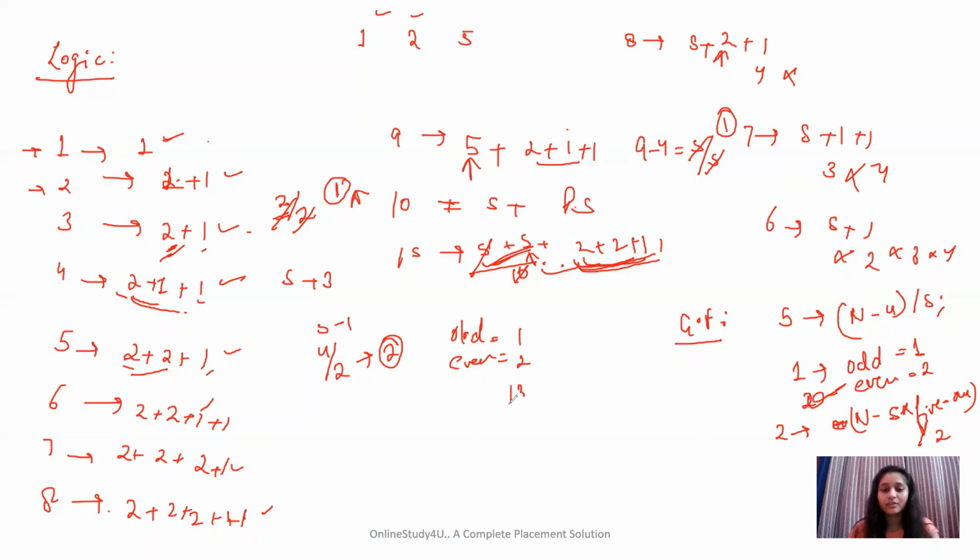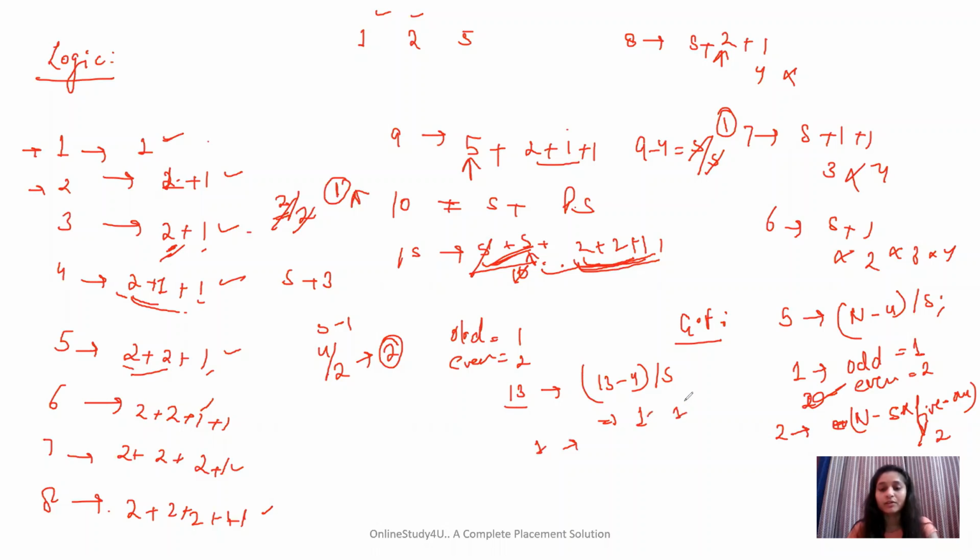Now let's check this formula on 13. For 13, the number of 5 rupee coins is 13 minus 4 divided by 5. Let's check. 13 minus 4 is 9. 9 divided by 5 will be 1. We are just including the integer value. Now for the 1 rupee coin, since 13 is an odd number, we will include one 1 rupee coin.